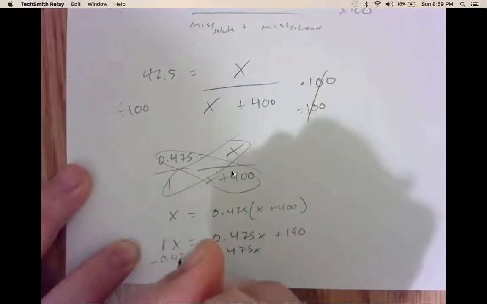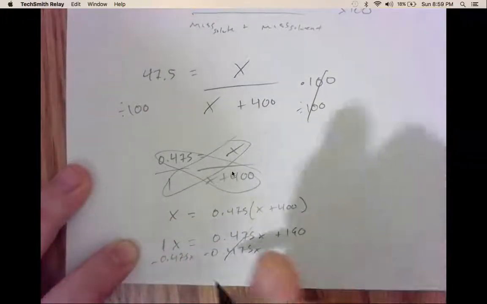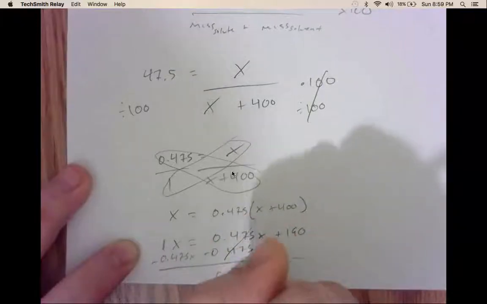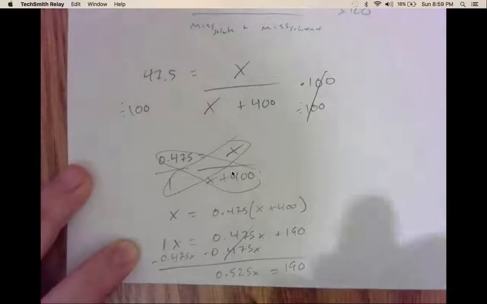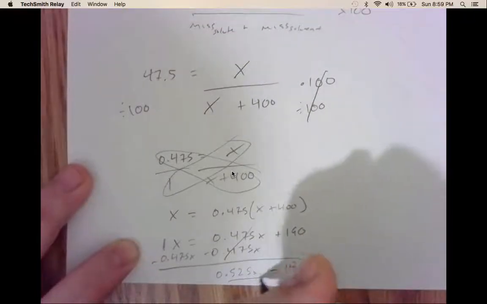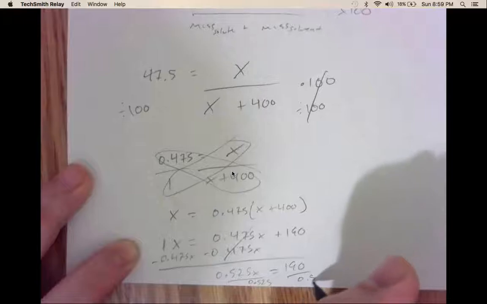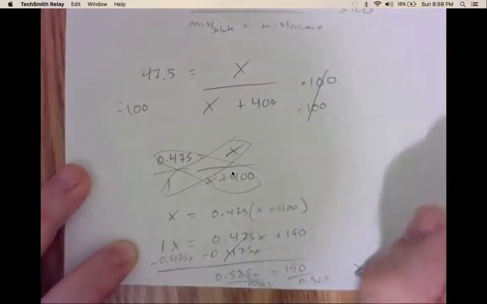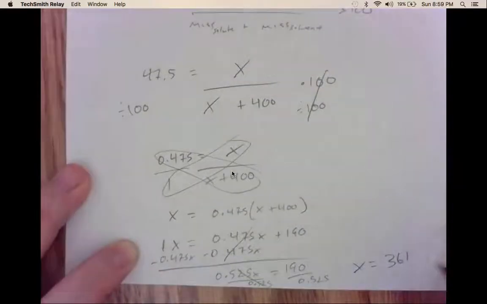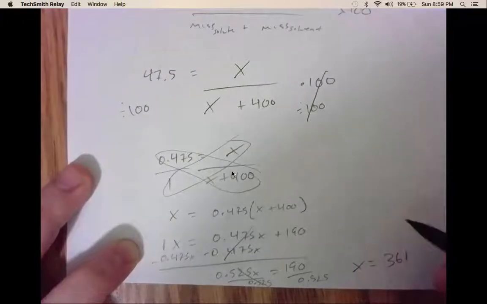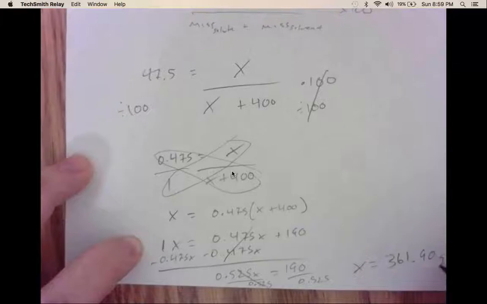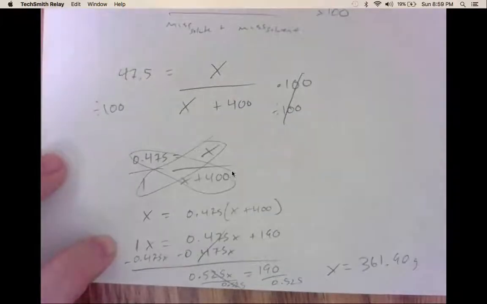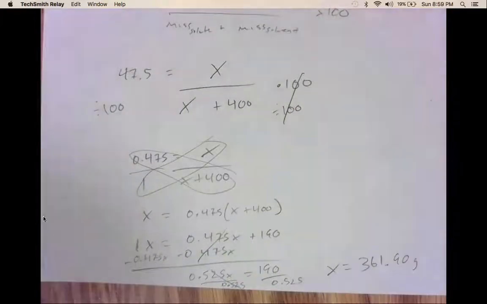The X's cancel out on one side, and then we get 0.525X equals 190. Then, to solve for X, we divide by 0.525. That gives us X equals 361.90 grams. And then that is how you solve 61.